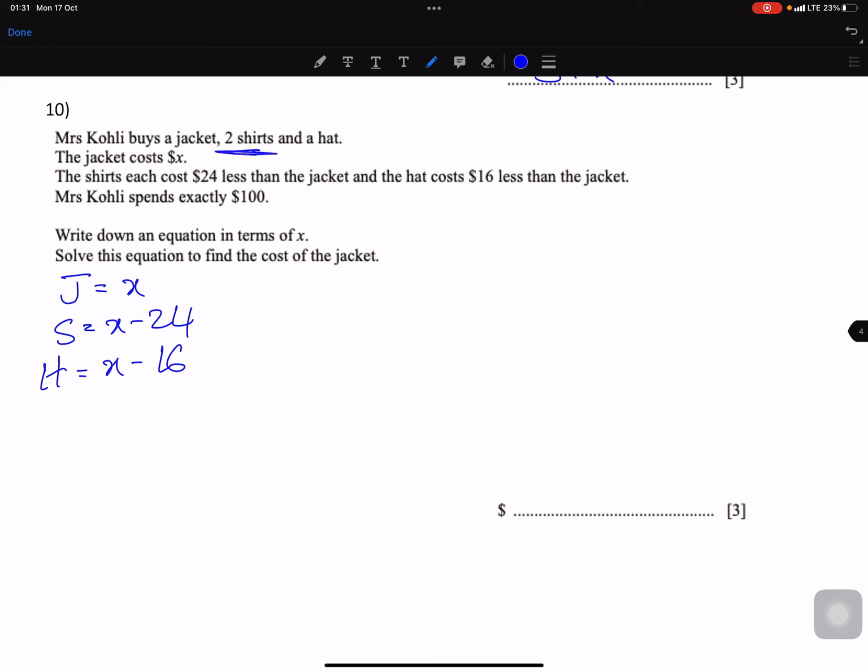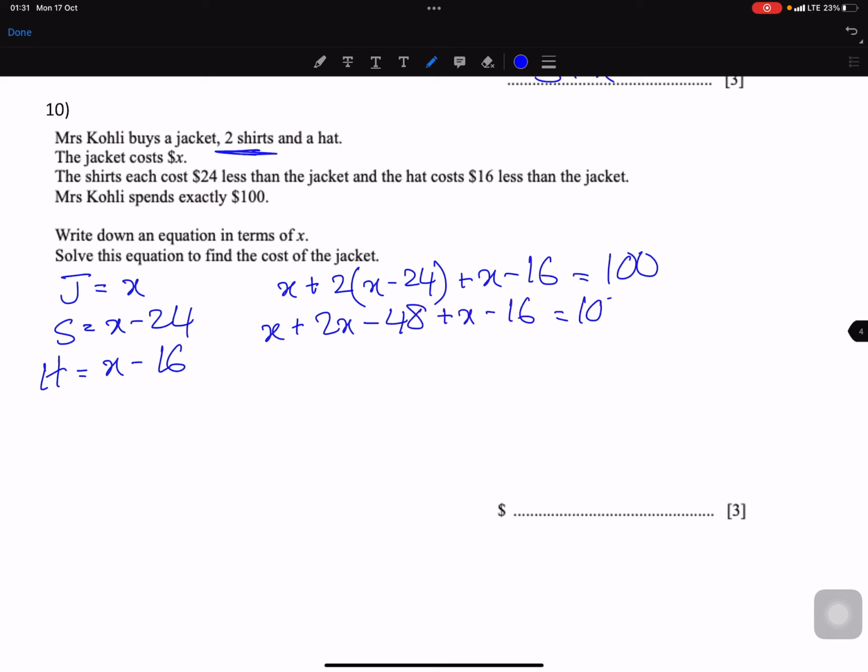Focus that 2 shirts were bought, so it's going to be x plus 2 times x minus 24 plus x minus 16 equals 100, x plus 2x minus 48 plus x minus 16 equals 100. x plus 2x plus x is 4x, minus 48 minus 16, okay, this is 64, minus 64 equals 100, 4x equals 164, x is equal to 41. All right, let me just write it again here.